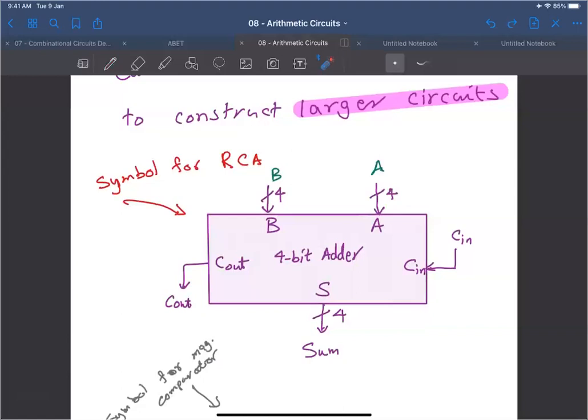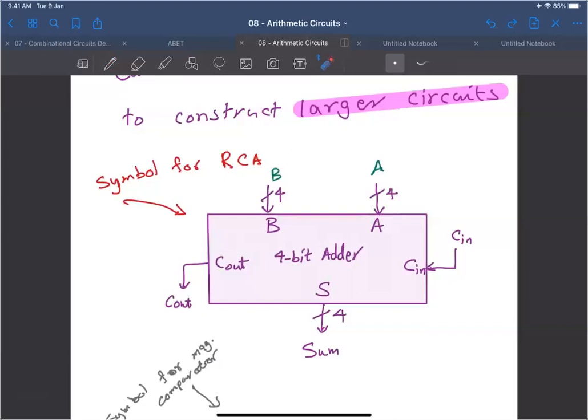I'm going to give you one option and then you give me the other option. Either have Cn as 1 and B as 0, and then get the output as A plus 1, right? The other alternative is, who can tell me? What is the other alternative?